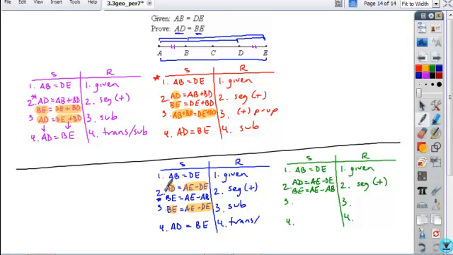Now, we could have just taken this statement, copied the AD down. AE minus DE we saw is now equivalent to BE, so we could replace that directly. So this could also be called substitution. Right? Either of those forms is fine. Okay, but you do need to be able to recognize when it can be either. Anytime transitive property works, substitution would also have worked.